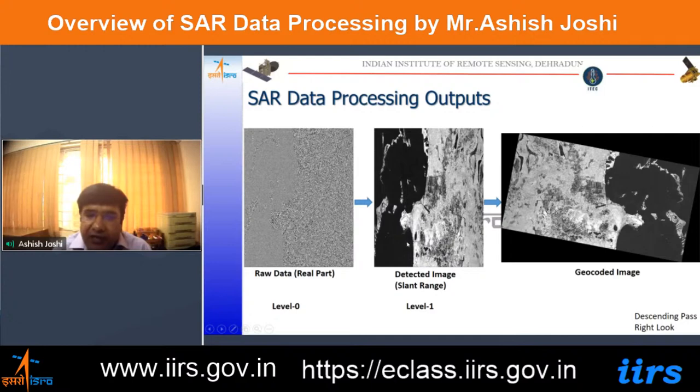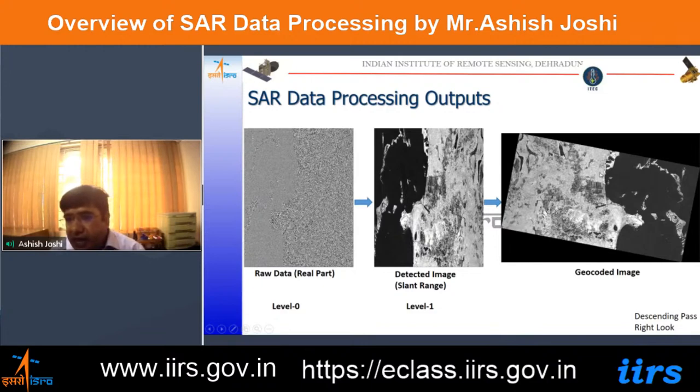But after doing the geolocation and geocoding algorithm, we know the lat long of this position. By knowing this lat long, we make the transformation from the SAR sensor geometry to the map geometry.